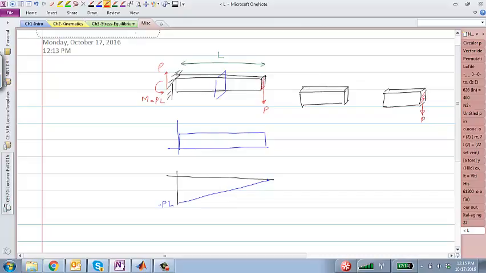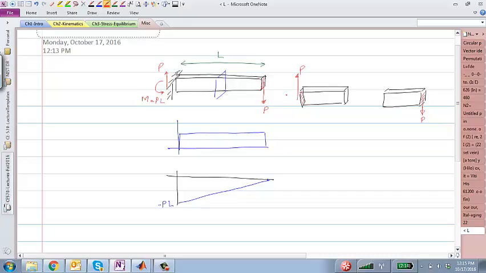I have my reaction forces at the back face. That reaction force P at the back face is also a distributed force coming from the wall that is keeping the left end of the beam up, right? And in addition to that, I have this bending moment.